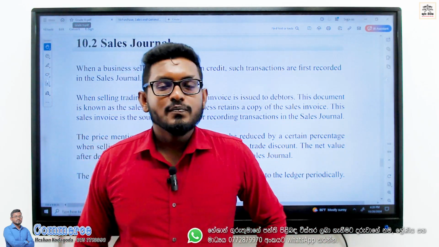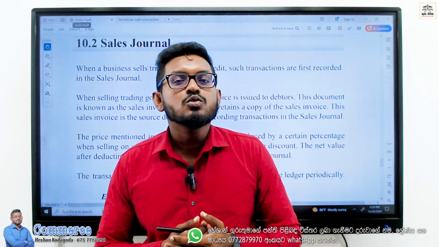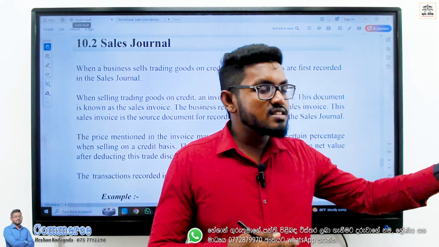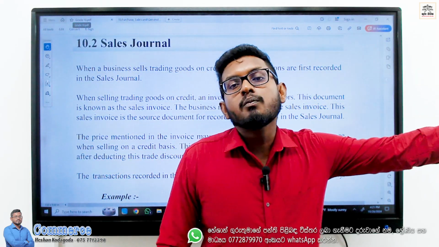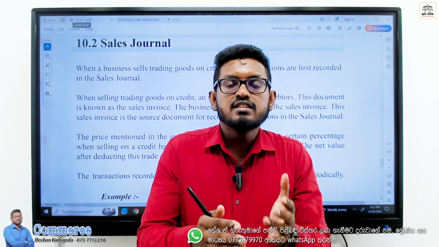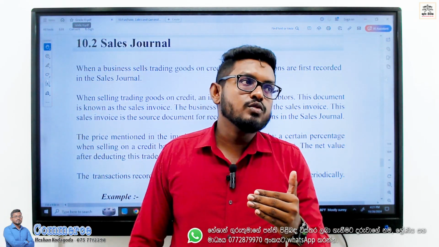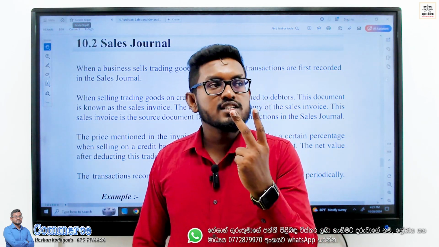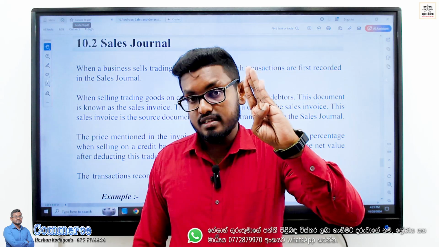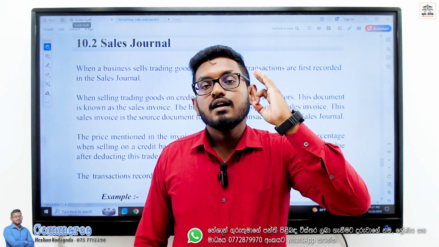Okay. Now look here. Credit basis sales of trade goods are recorded in the sales journal. In the purchase journal we record purchasing goods from creditors. In the sales journal we record transactions selling goods to debtors. Two criteria should be satisfied: it should be a sale of trade goods, and it should be on a credit basis.